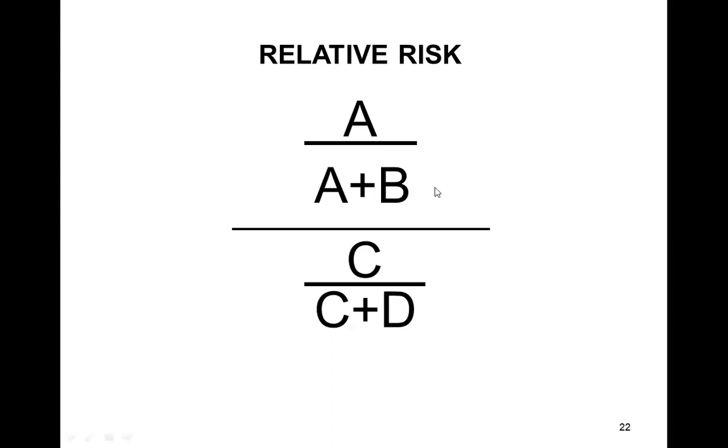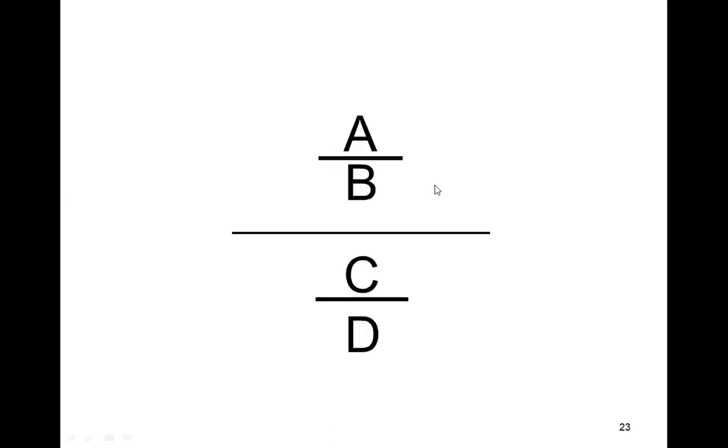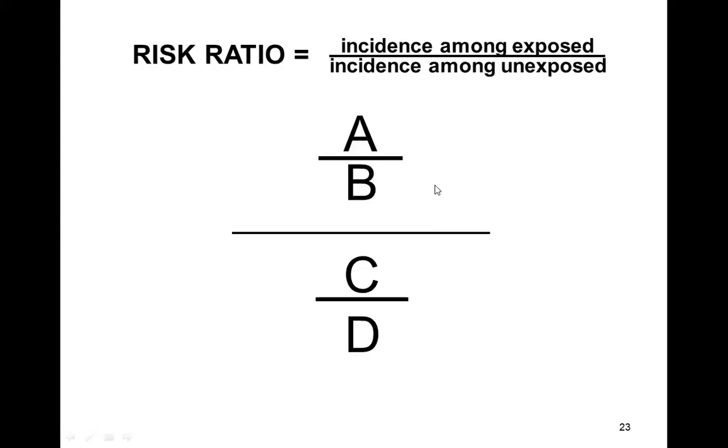Good, thank you. Anytime you have questions, I'm very open to it. I may not always have the answer, but I'll do my best. So C and C plus D are the same as that? C is unexposed but has the condition, and D is unexposed and doesn't have the condition. Okay, thank you. My pleasure.